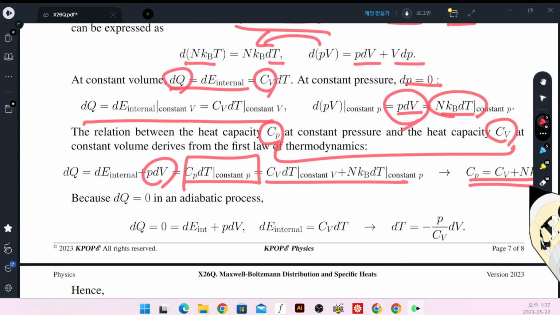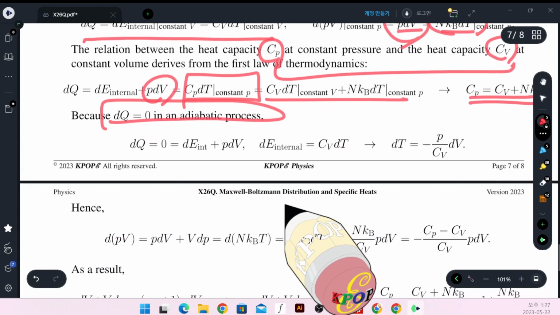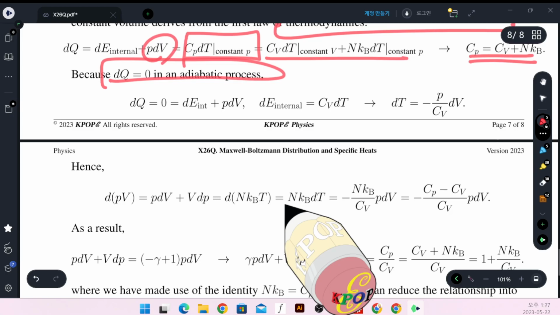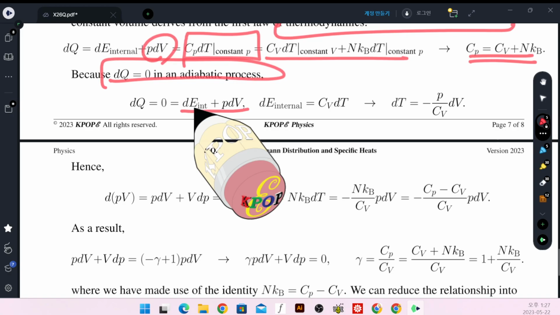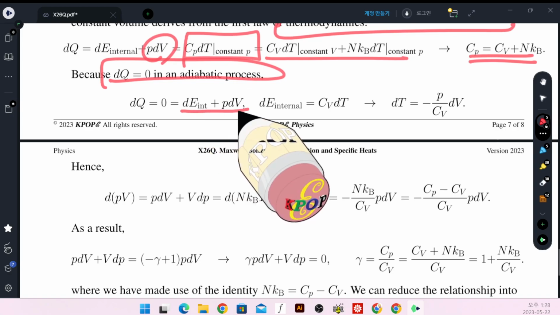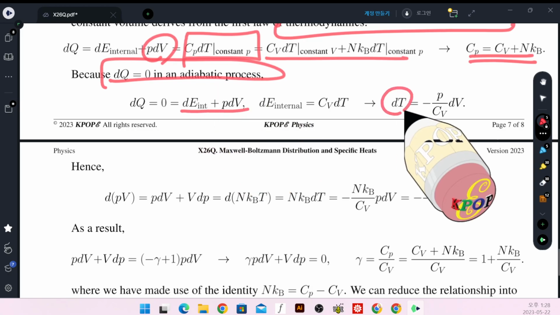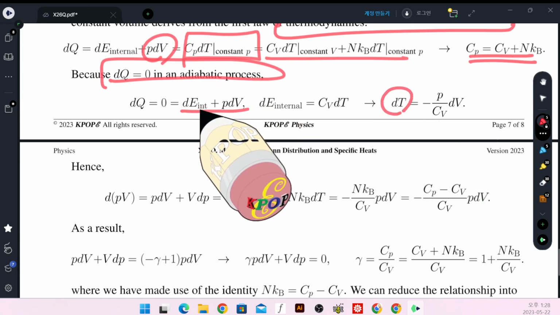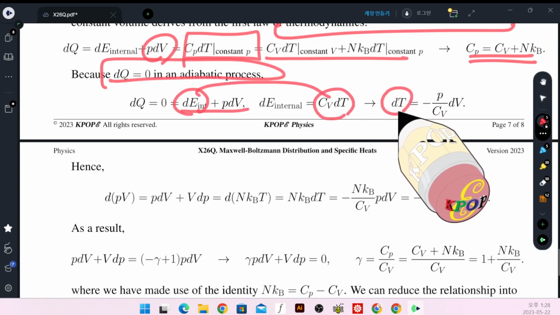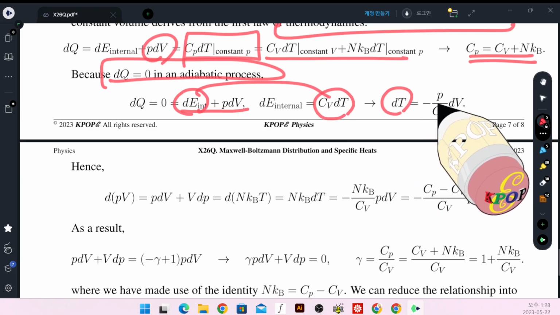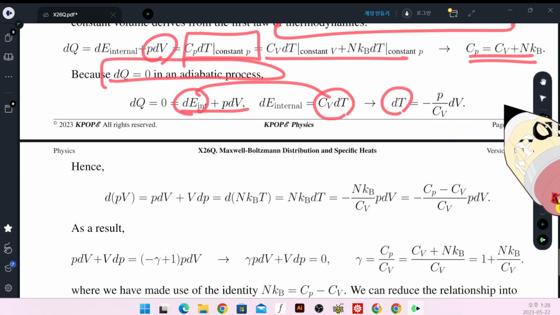In an adiabatic process that does not involve any heat exchange, there is a special relationship between the internal energy change and the work done by the gas. Because of this identity, the temperature change can be always expressed as negative of pressure over Cv multiplied by dV.